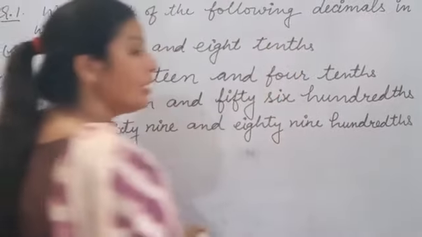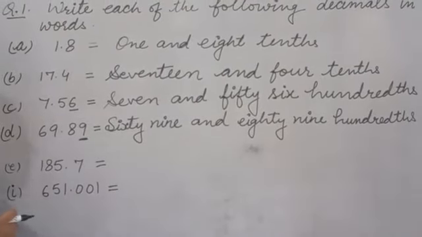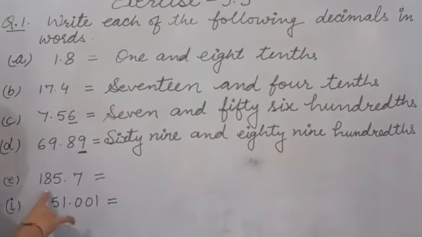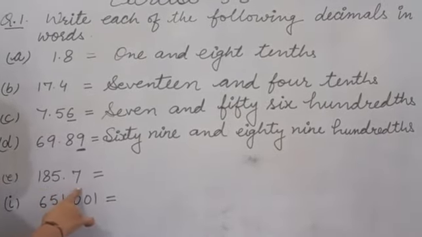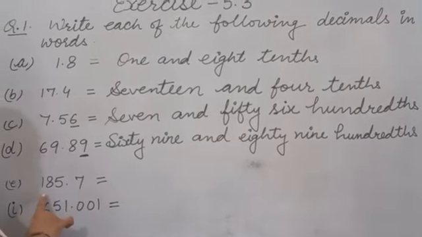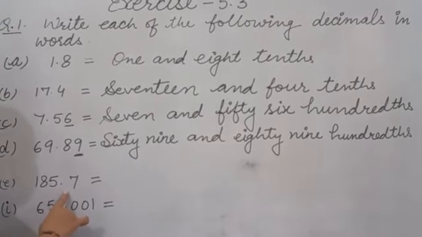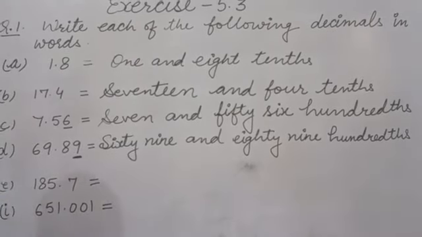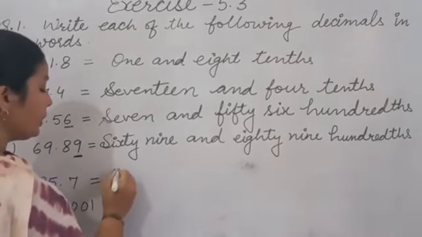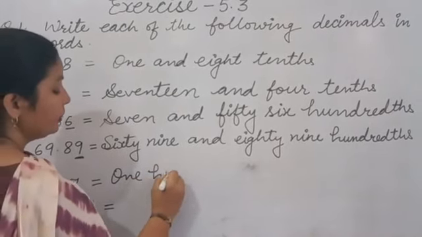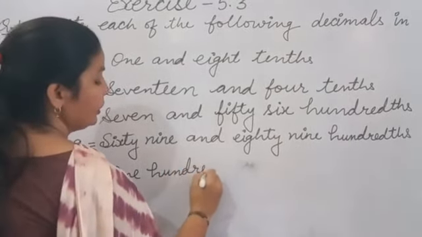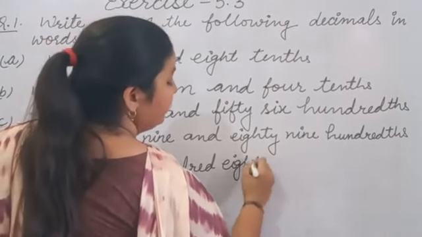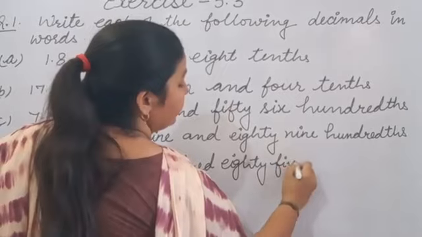Hundredths. This is hundredth. So 89 hundredth. Now next, 185.7. How will we write it? 185 and 7 tenth, because this is on the tenth place.